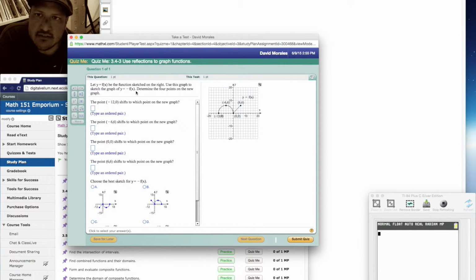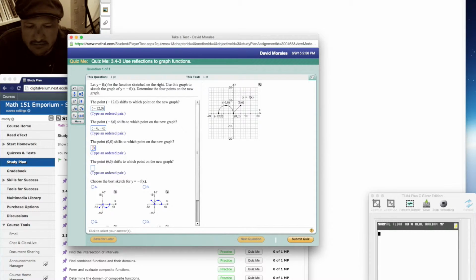So basically the x values change, the y values stay the same. Here negative 12 stays the same. The y value becomes negative, but I mean, negative 0 is 0. Here the x value changes and the y value stays the same.